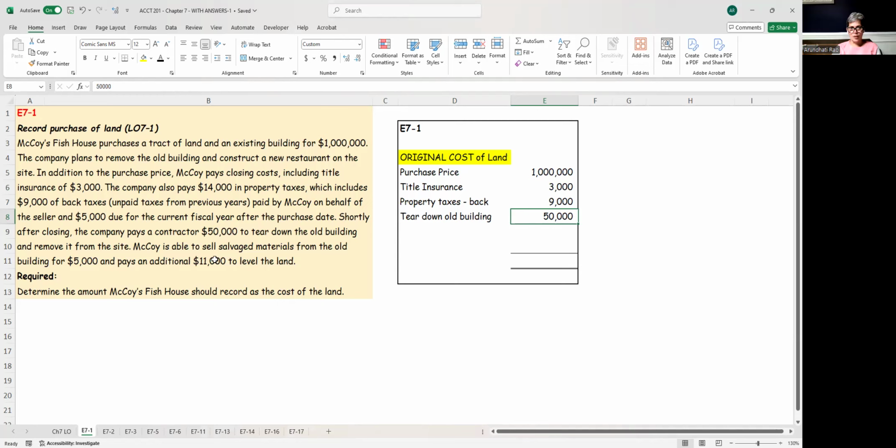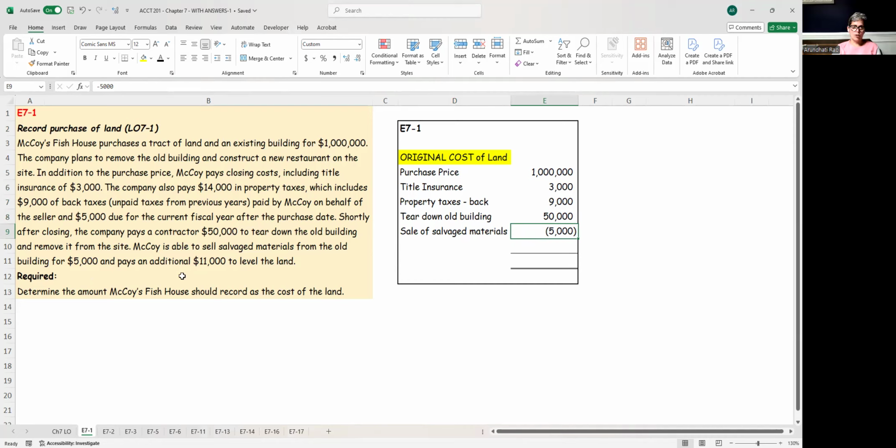I was able to sell some of the salvage material from the old building for $5,000. Who knows, someone wanted to buy some of the stuff that I was getting rid of. I got $5,000. So to the extent I got some money, this is cash inflows, it's going to reduce the cost of my asset. So the $5,000 that I received, I'm going to subtract it from the cost of the asset.